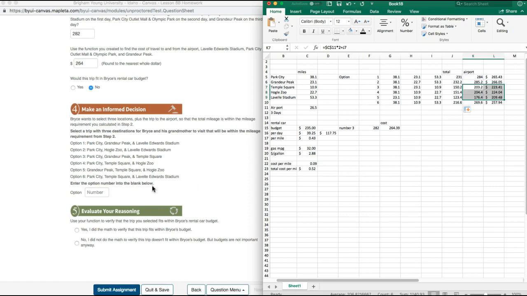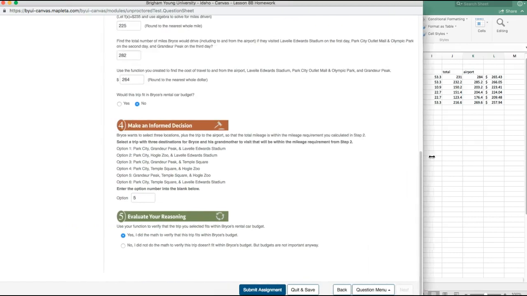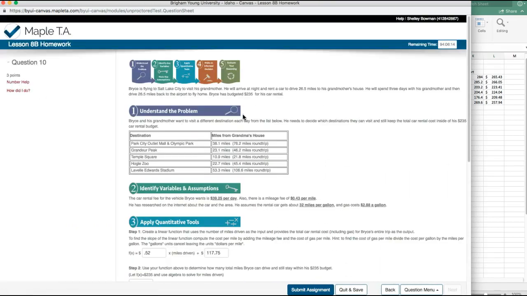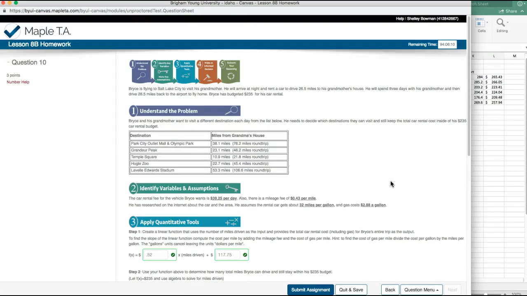So you have 3 options you can pick from, and so let's put in option number 5. Sure, because it fits. And then the last one, use your function to verify that the trip you selected fits within the, yep, we already did that. We did it over here. And let's go ahead and, how did I do, just to make sure that we got it all good to go.